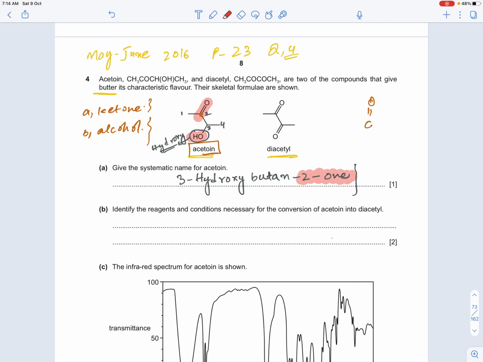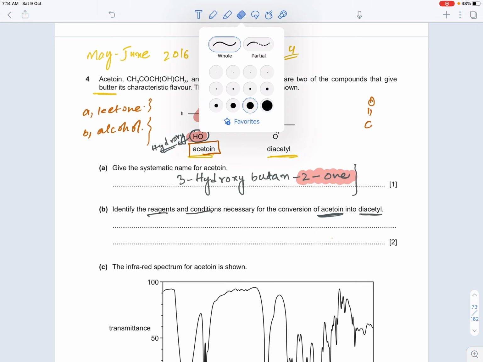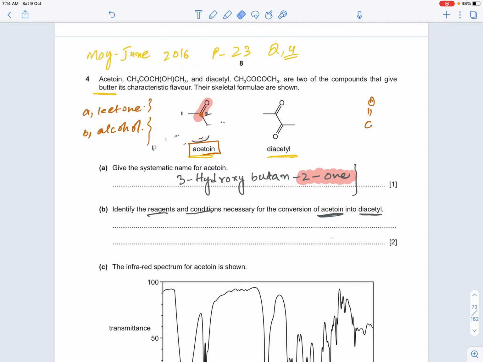Alright, now the next part is identify the reagents and conditions necessary for the conversion of acetoin into diacetyl. So now we have to convert acetoin into diacetyl, and first let me just erase all this data.